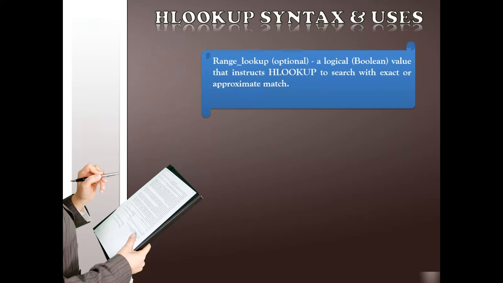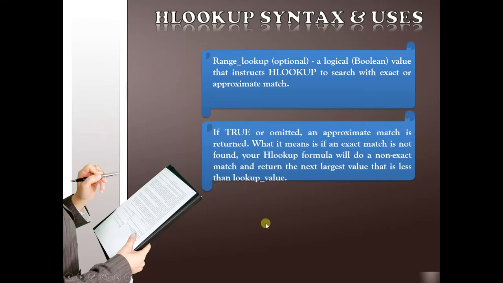Now the range lookup. What is the range lookup? It is a logical, optional Boolean value that instructs HLOOKUP to search with exact or approximate match. If it is TRUE or omitted, an approximate match is returned.